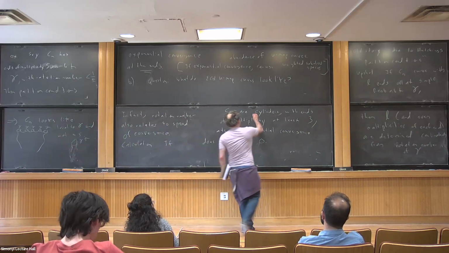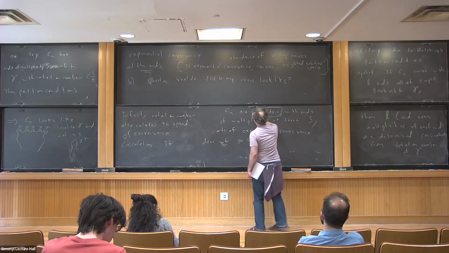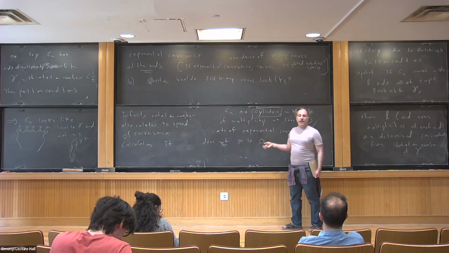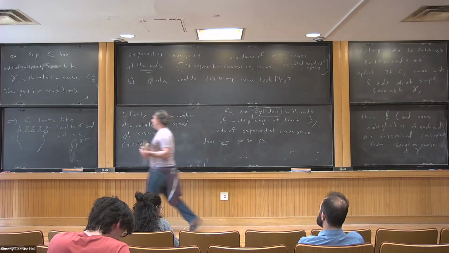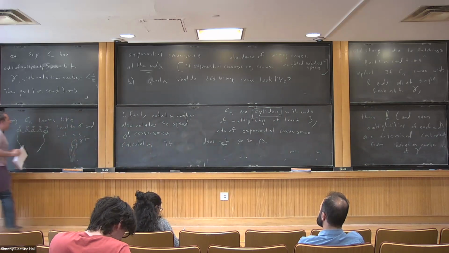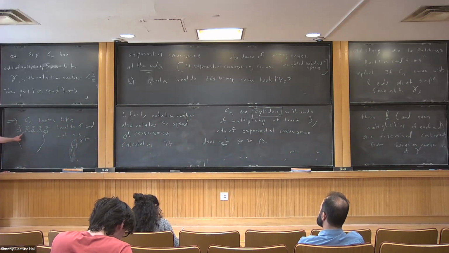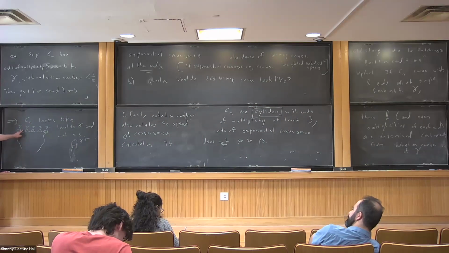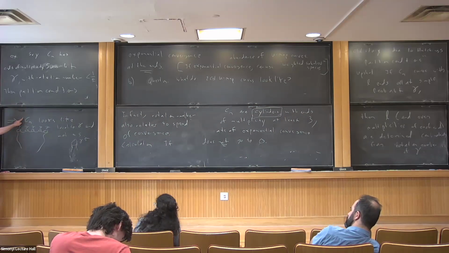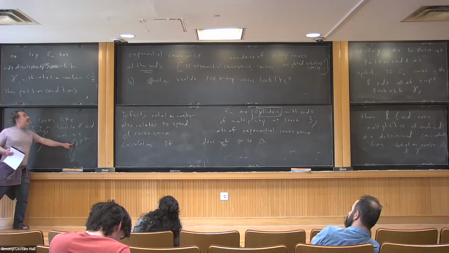It has to do with this example, because I'm assuming in the calculation that the things are cylinders. If I knew that the Cn were cylinders, then that would be saying that this can't happen because this is not a cylinder, and that this does have to happen.